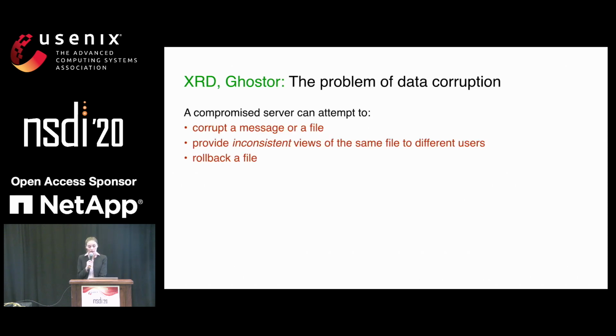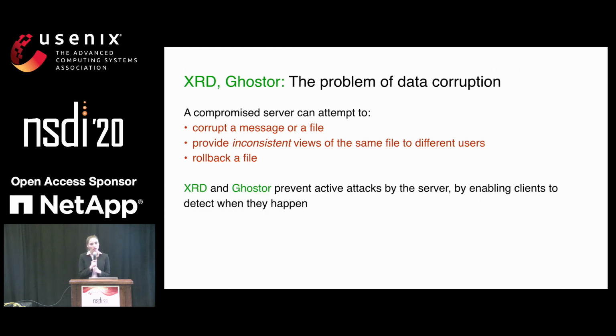For example, the server could corrupt a message or a file, or could provide inconsistent views of the same file to different users, or it can roll back a file. And both XRD and GhostStore prevent active attacks by the server by enabling clients to detect when certain violation happened. And again, similar challenges that they had to overcome is scalability and overhead.